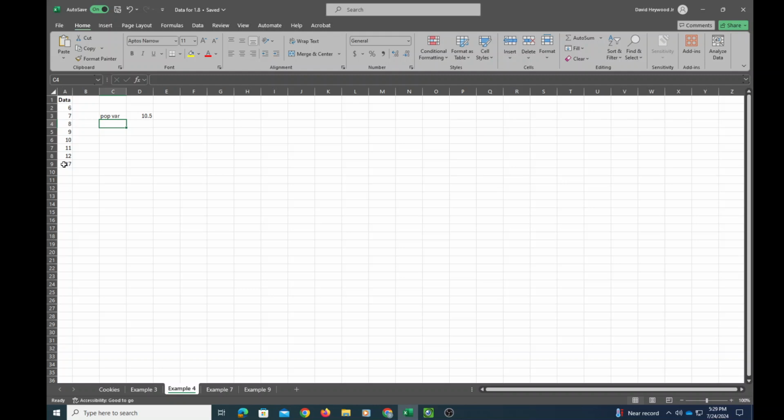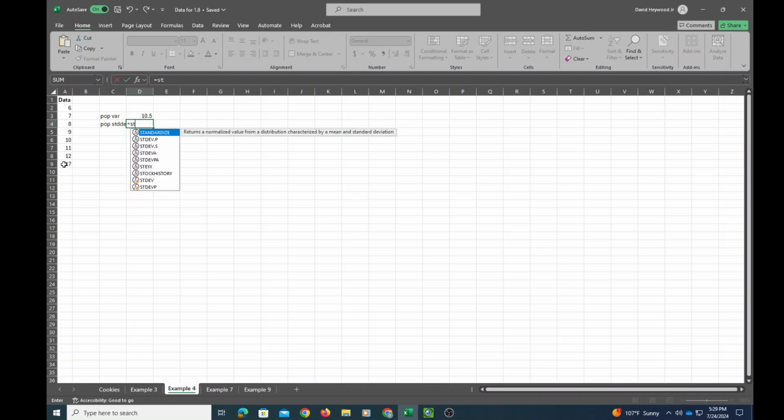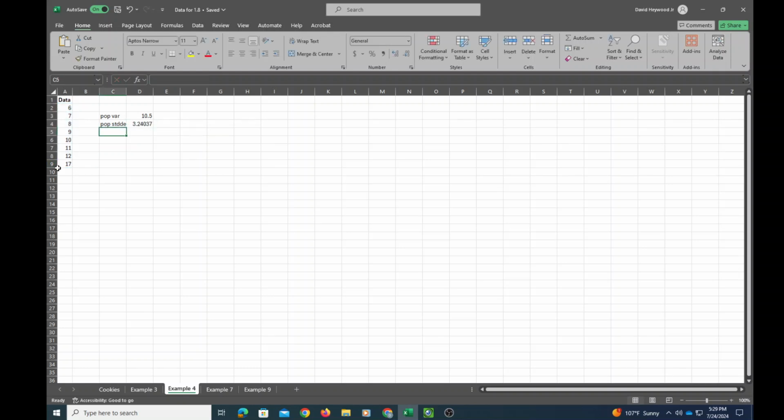For the population standard deviation, it would be equals standard deviation.p of the data set. Okay, so those are my answers to part A. Let's write them down.